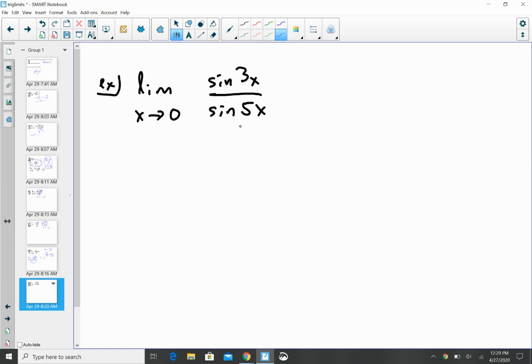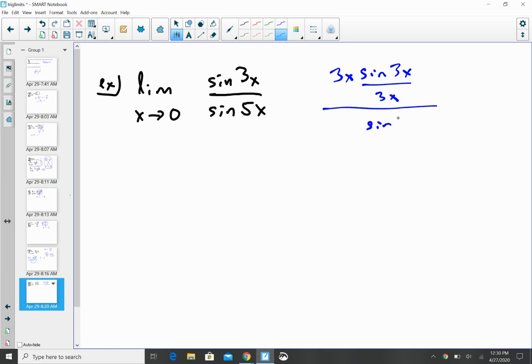And I wish that underneath this sine 5x, I had a 5x, because then I could use that theorem.